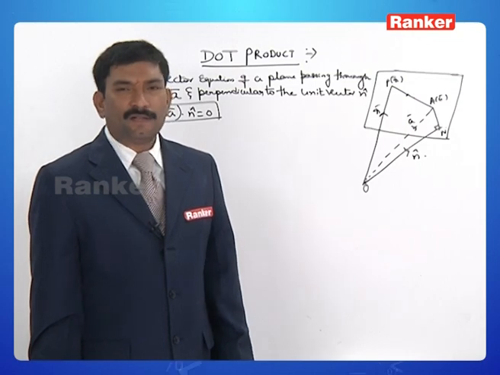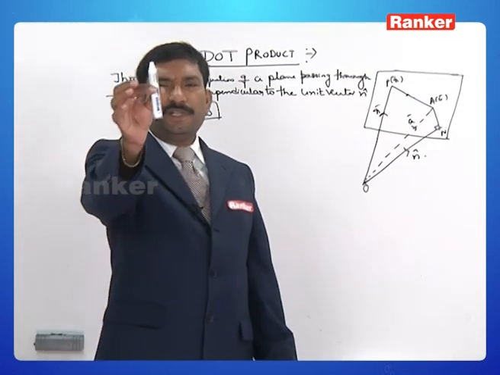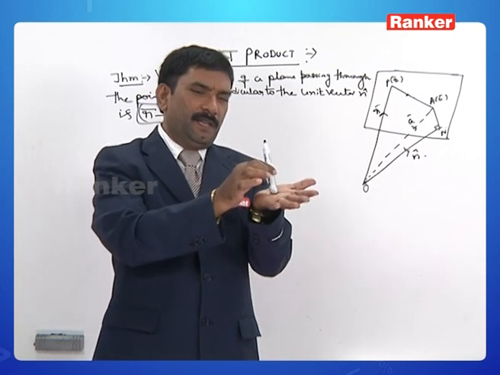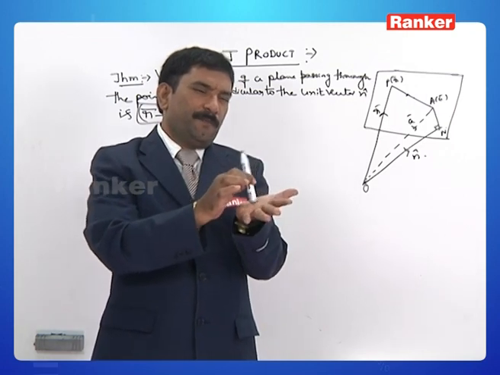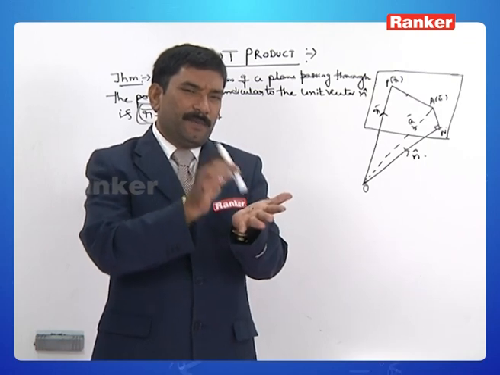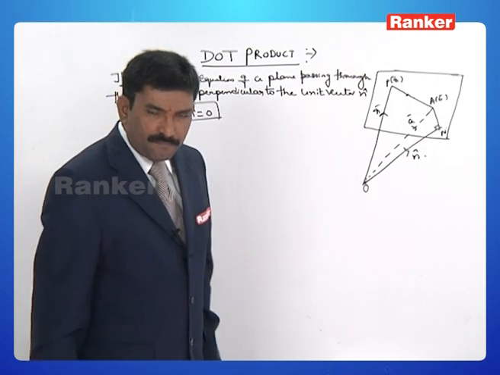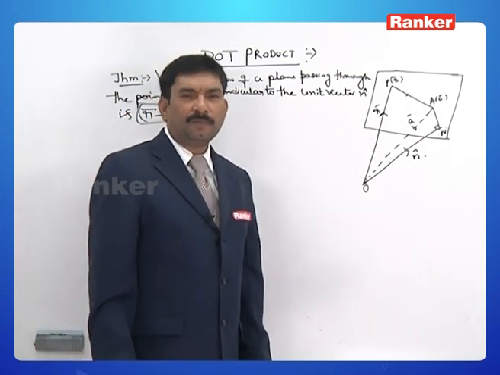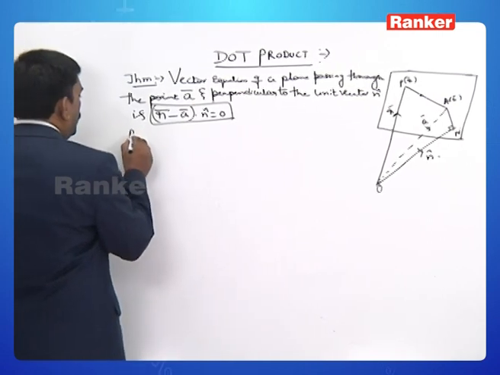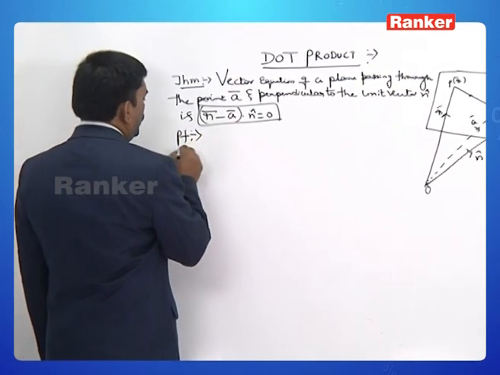If n cap is the unit vector perpendicular to this plane, it is also perpendicular to each and every vector present in that plane. Followed? Now let us start.